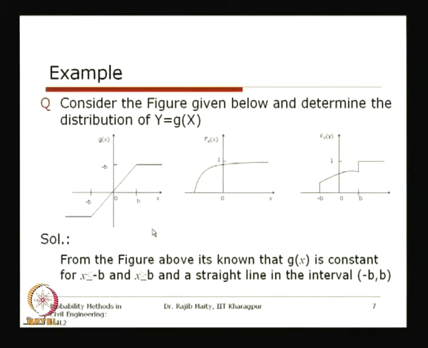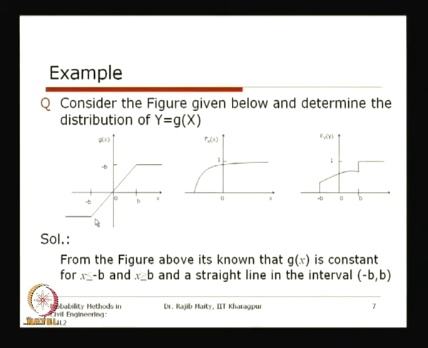Now, I will come back to this figure once again. Refer to this slide. The way this function is defined here, g(x) is constant for x less than or equal to minus b and x greater than or equal to b. So, when we take this form equal to the similar form of F_X for the region from minus b to plus b, that constant value is included up to minus b.